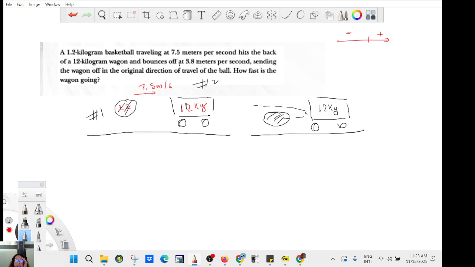Okay. So this way, it's moving here at 3.8. And some of the momentum has been transferred to the wagon, but it goes to its speed, right?